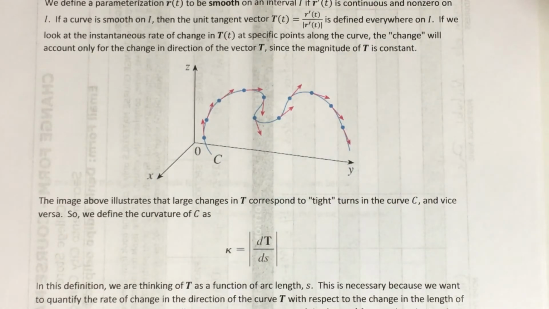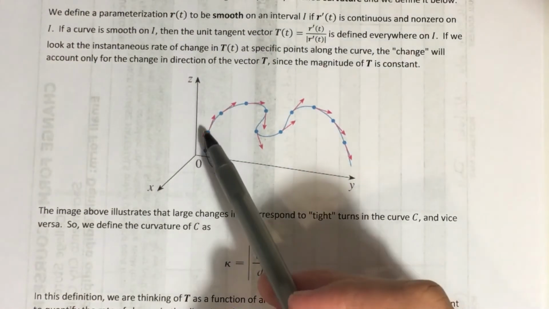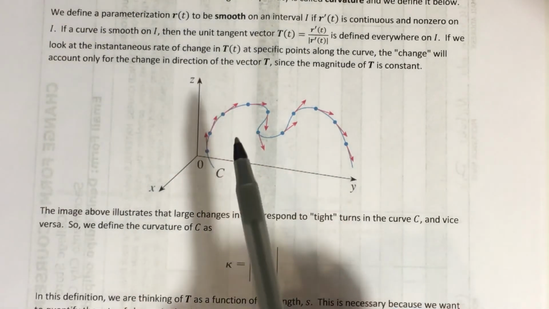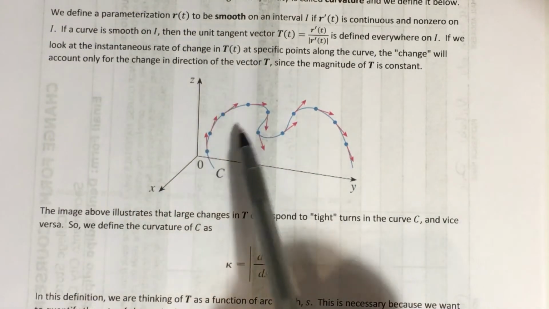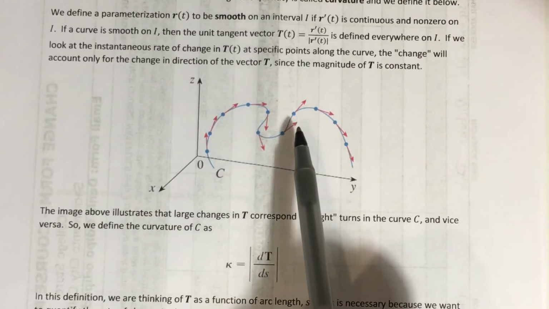Well, now think about when I say the word change, or more specifically rate of change, slow change versus quick change, that should make you think of a derivative, because that's what a derivative technically is, a rate of change. And so we would like to make some sort of connection between the rate of change of our unit tangent vector and the curvature.